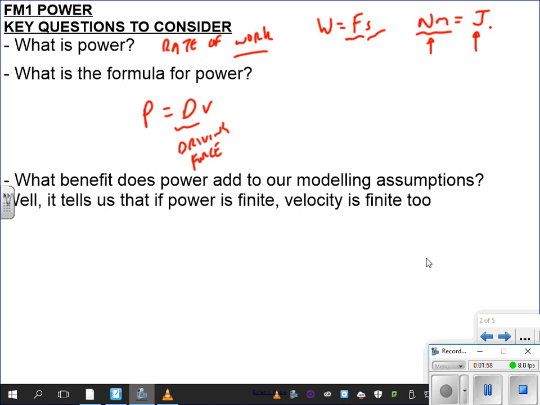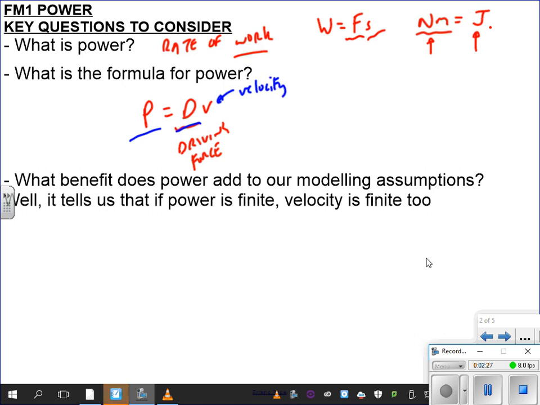Now, the reason I've used D and not F, like the textbooks normally use F, is because F is normally confused with the resultant force, F equals ma. And that's not what this is. This is the force produced by the engine of, say, a car, which has a corresponding power. V is just your velocity at that time, okay?